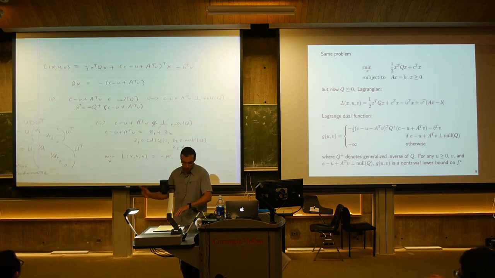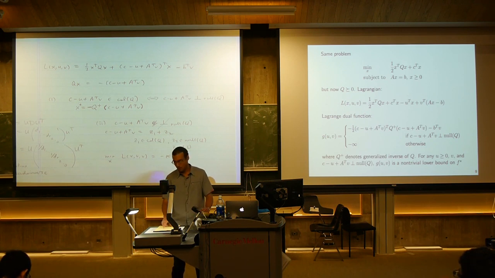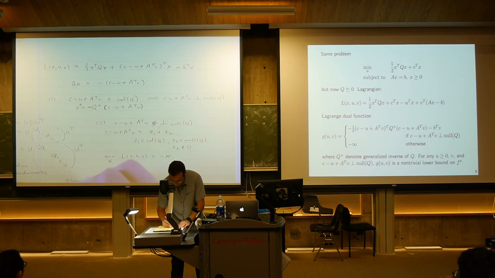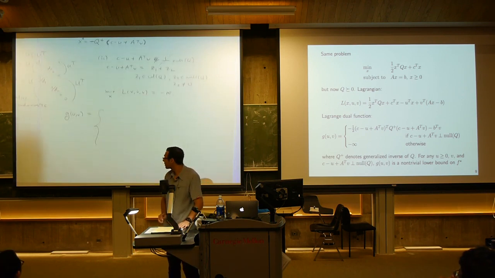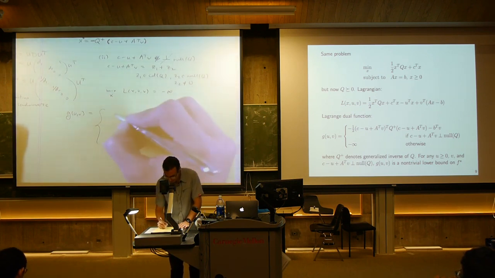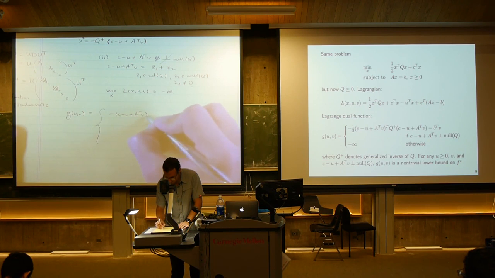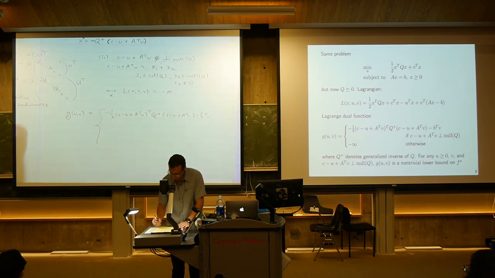So this is an example where we get something that's called an implicit domain constraint in the dual function. So the Lagrange dual function now, right, it's basically defined according to two cases, right? It's either what we had before, which was this quadratic, times a half, right?